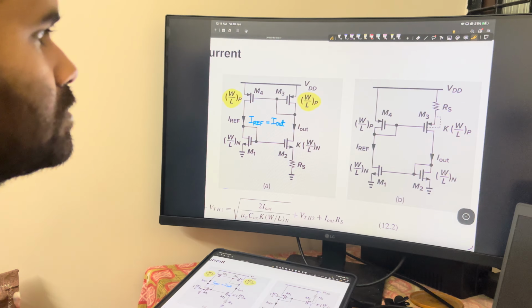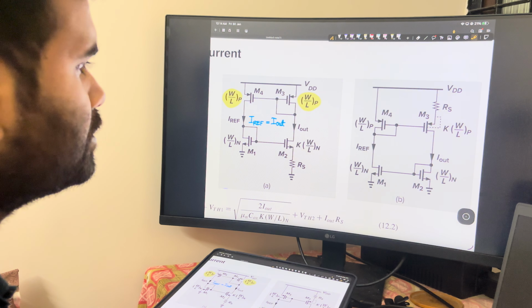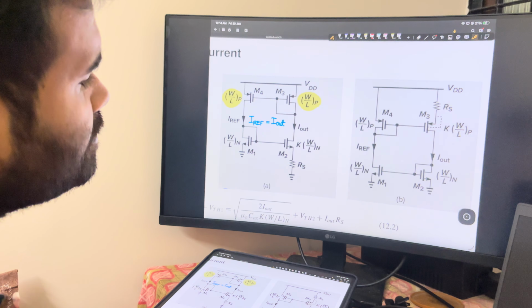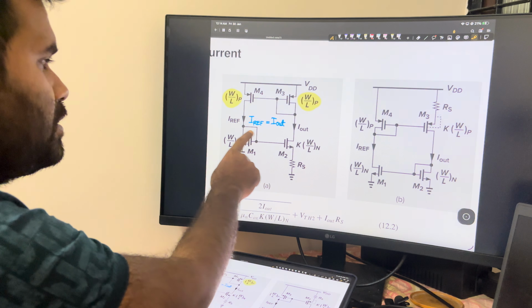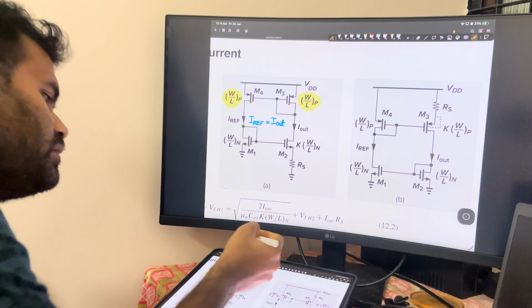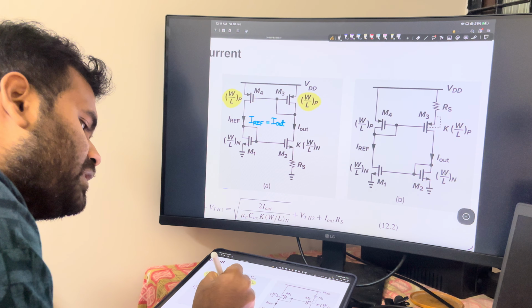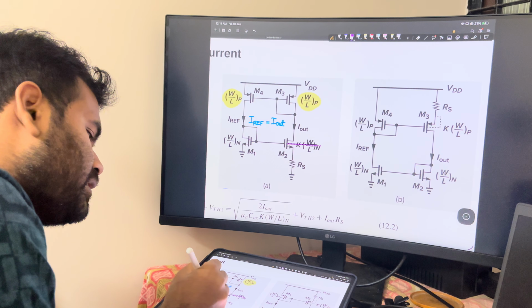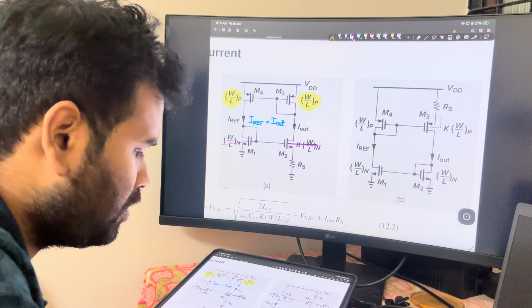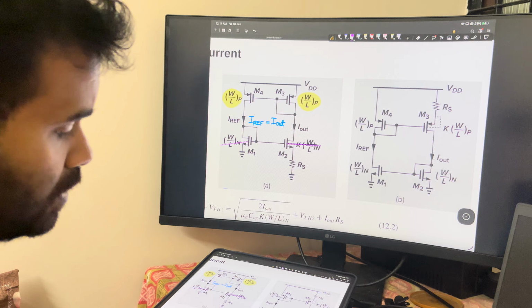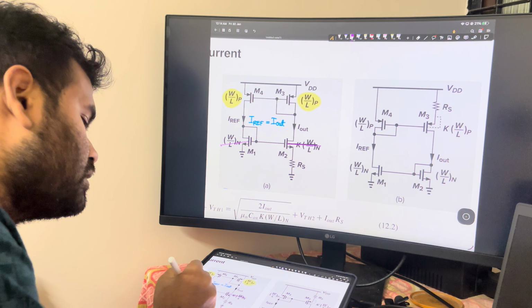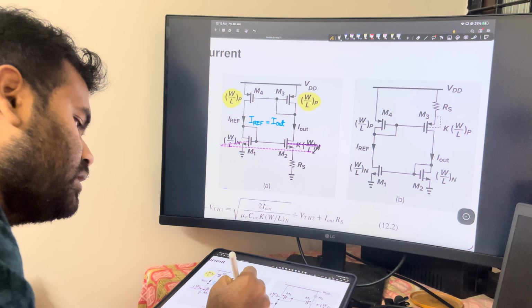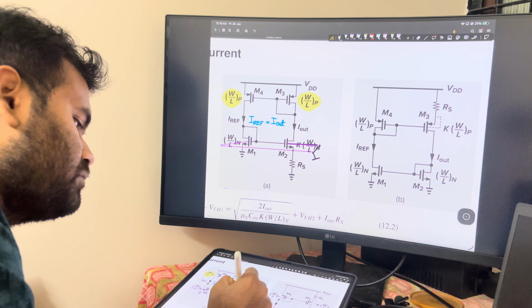Now what is the problem with this? We know that the transistor has a body terminal, right? For NMOS, from the layout point of view, all body terminals are connected together, and they are connected to the common ground.